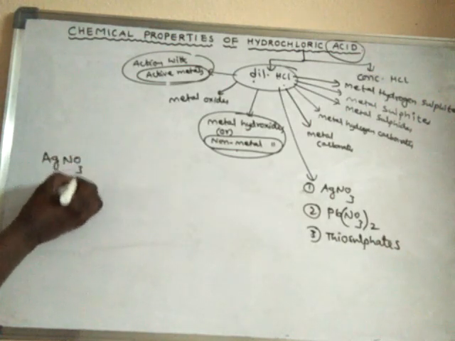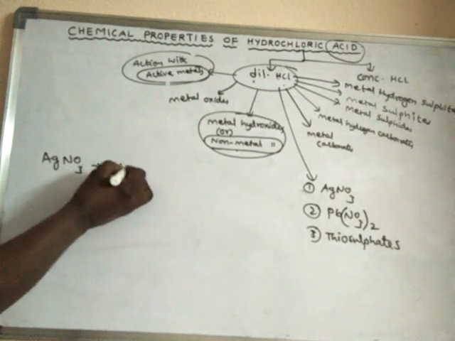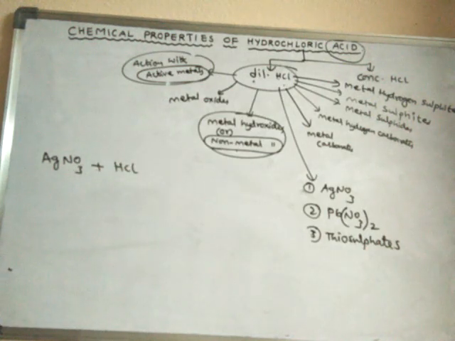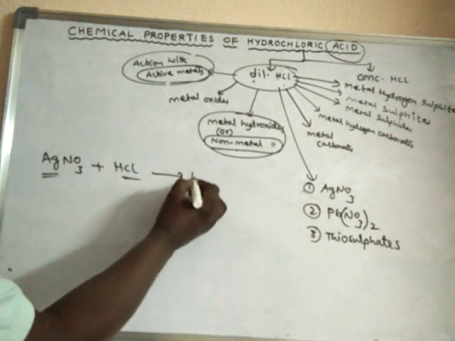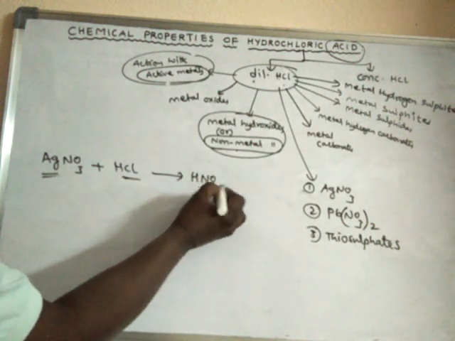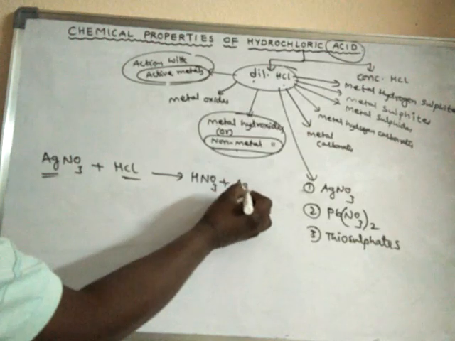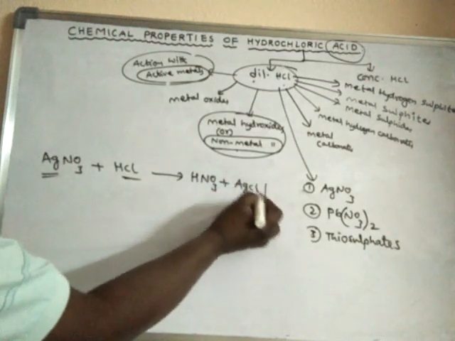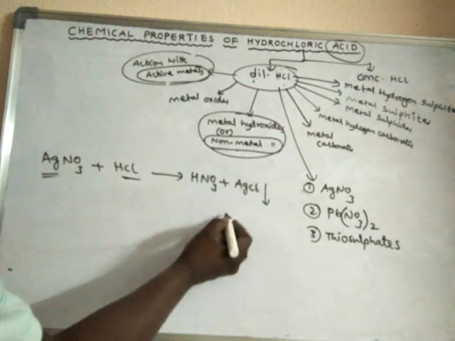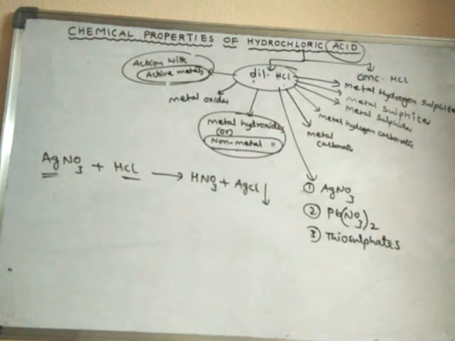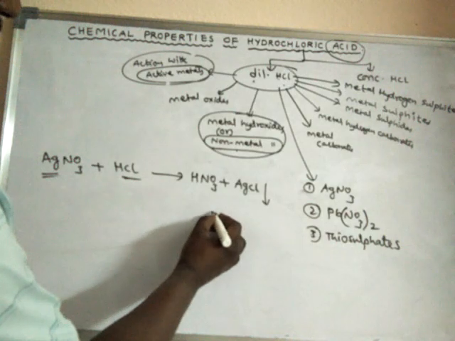When silver nitrate solution reacts with dilute hydrochloric acid, it forms what? Silver chloride. Nitric acid is formed, and silver chloride is a white colored precipitate. It is a curdy white precipitate.